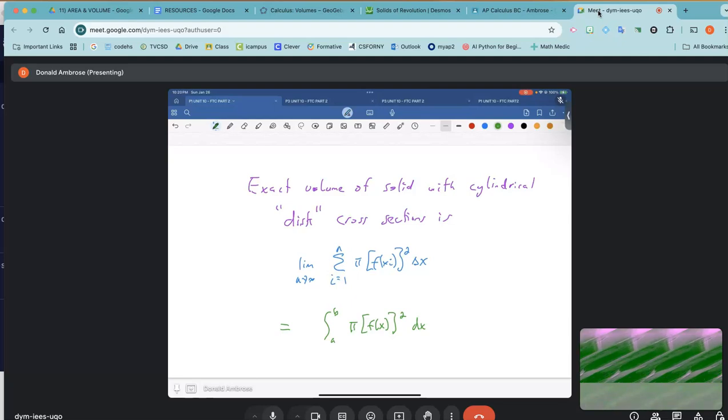And so the volume for any one of these solids that have circular, cylindrical disc cross sections, this is the basic formula.